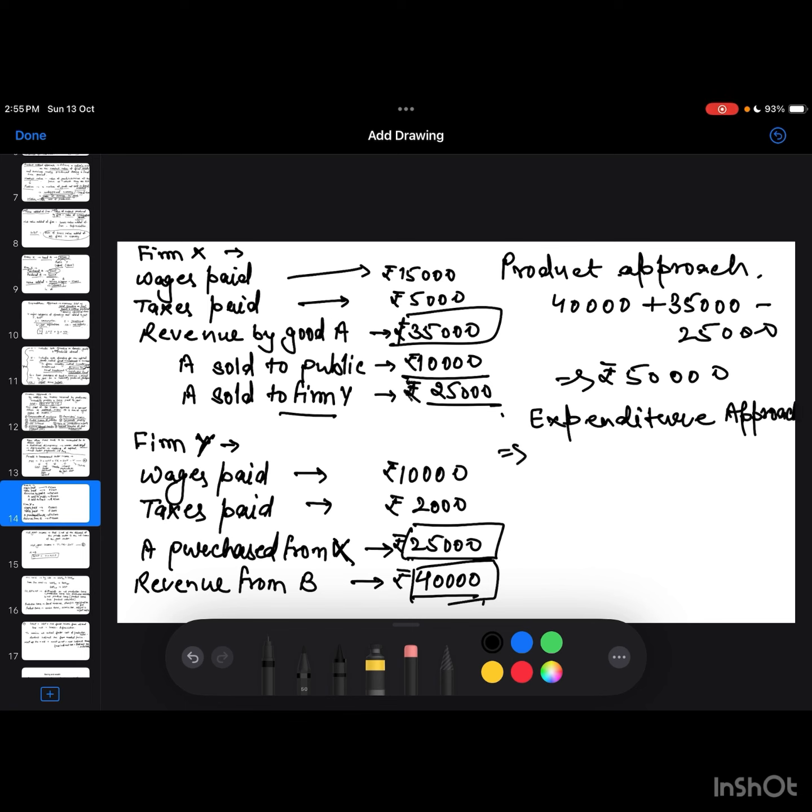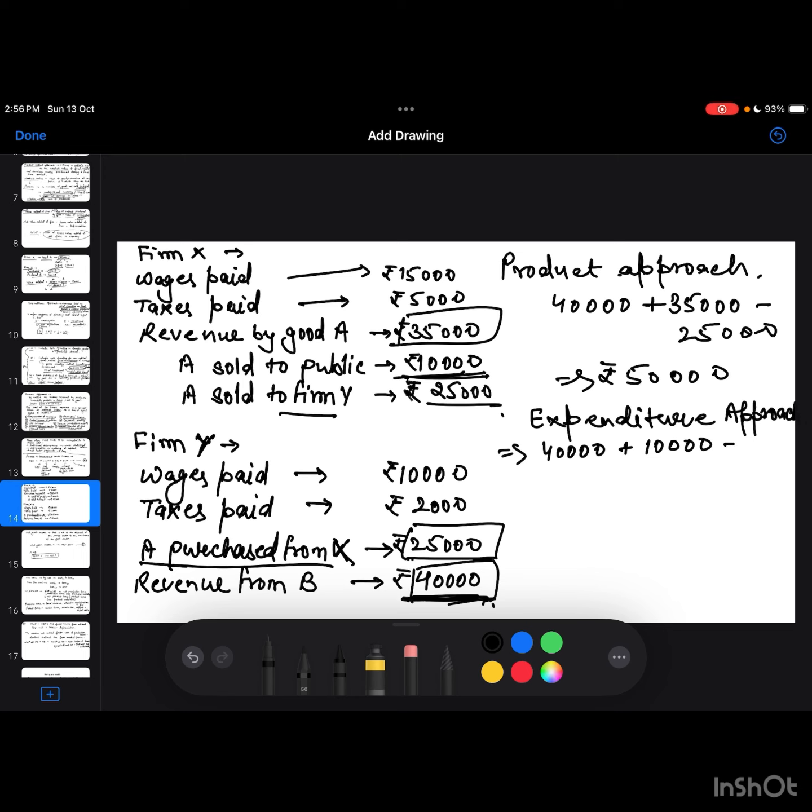For the expenditure approach, the expenditure here will be 40,000, that is on the good B, that is final output of firm Y, and here for the firm X, expenditure on good A will be 10,000. We will not include the purchase of good A by firm Y, because then it will be double counted.